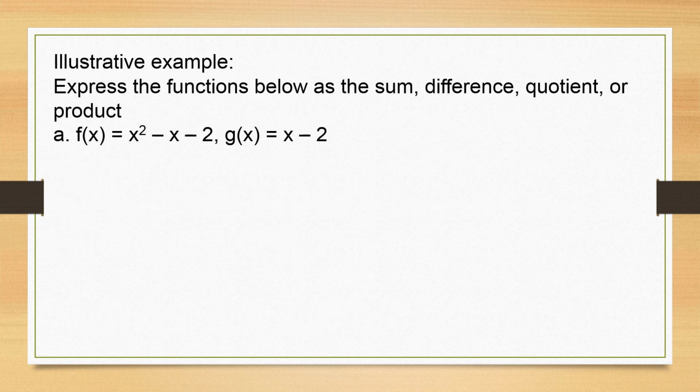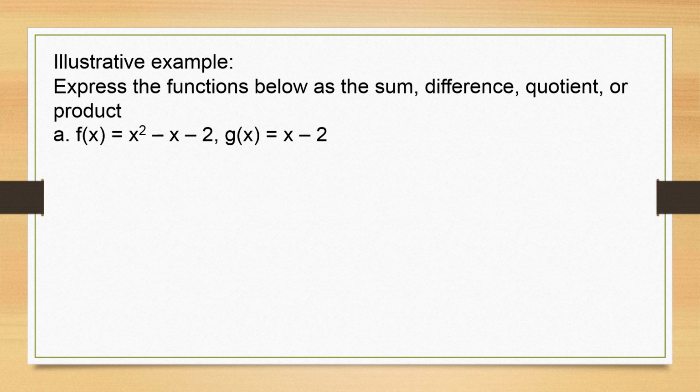Okay, we have here an illustrative example. Express the function below as the sum, difference, quotient, or product. Letter A, we have f of x equal to x squared minus x minus 2 as the first function. Second, we have g of x equal to x minus 2.